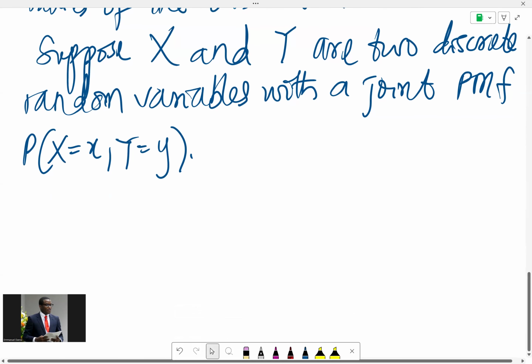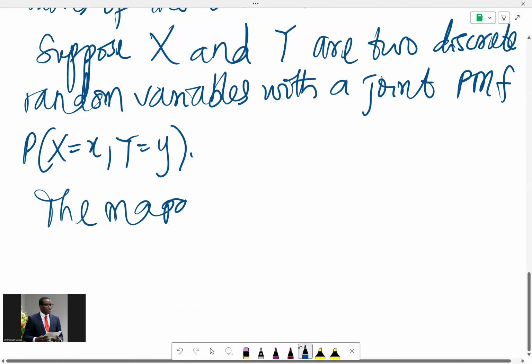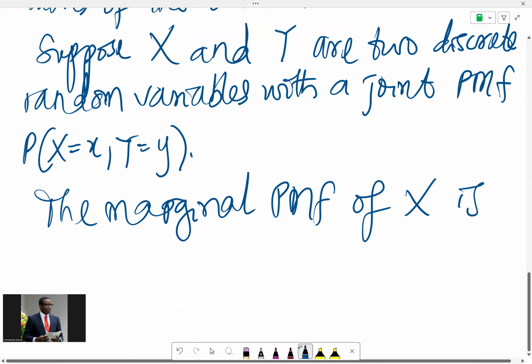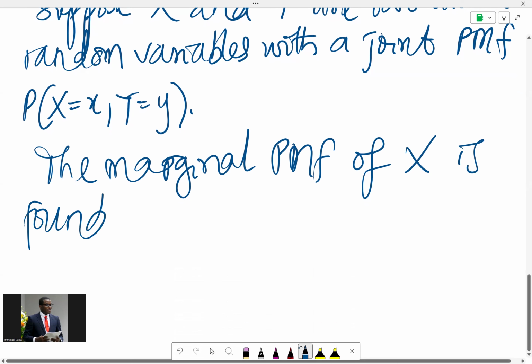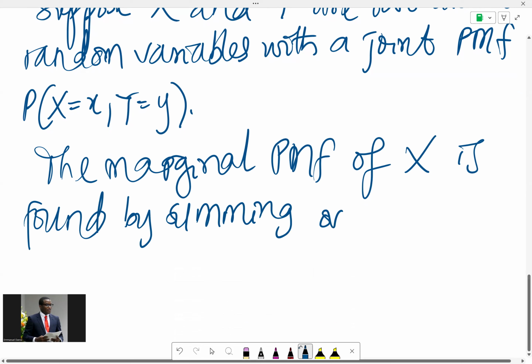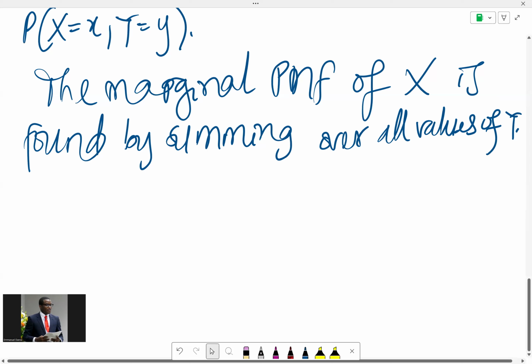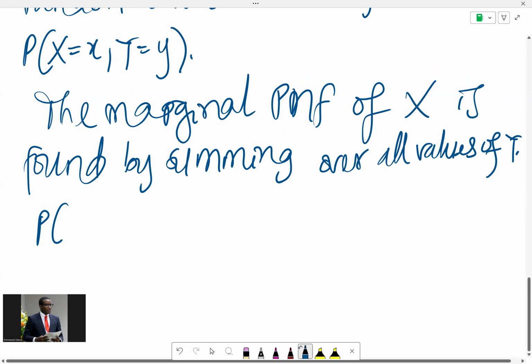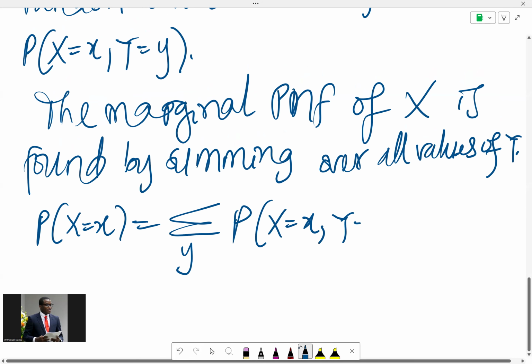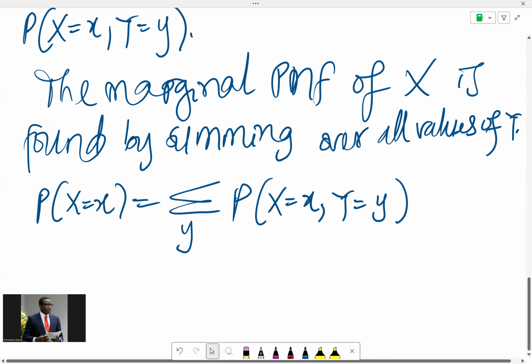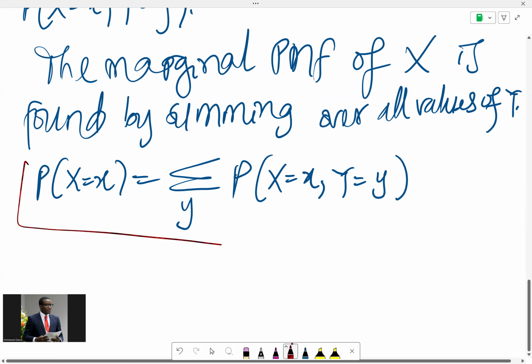The marginal probability mass function of X is found by summing over all values of Y. For instance, the marginal PMF of X equals x is equal to the summation over y of the probability that X is equal to x and Y equals y. That is just how it is defined.